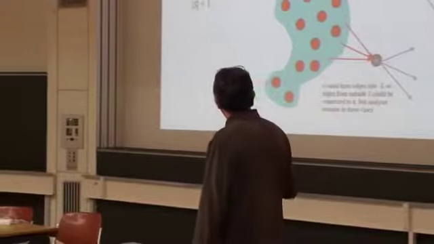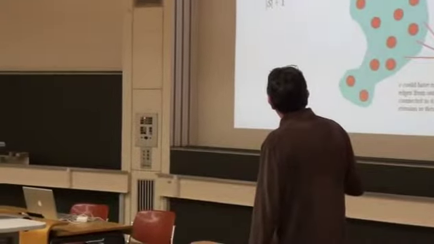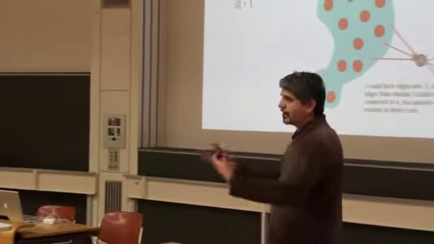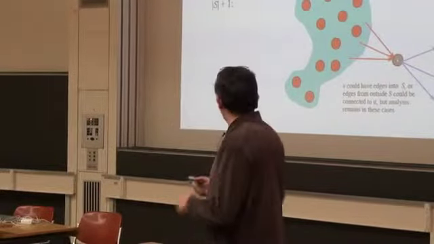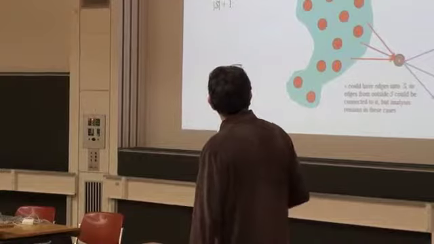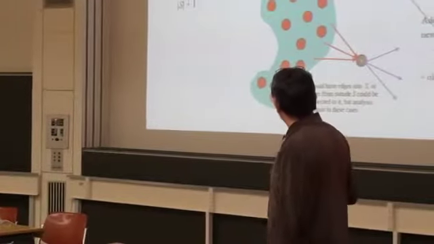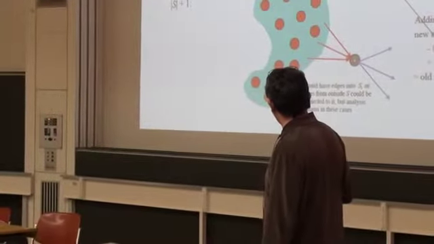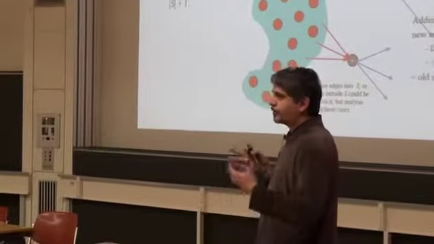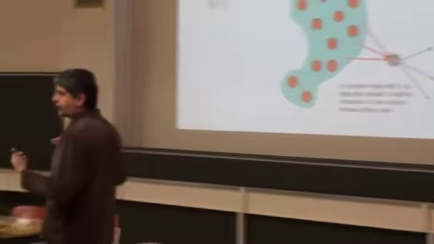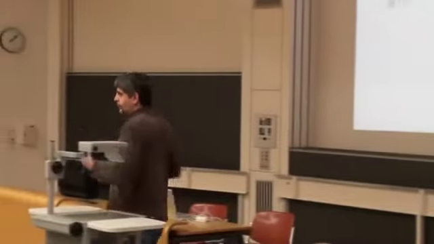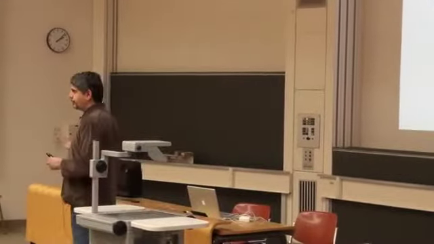Now suppose that you already have a set S, and in the next step you are going to add another node V to your set S. What's going to happen? Certainly, all the edges going forward from S into V were forward edges before you added V, and they contributed to the net flow.